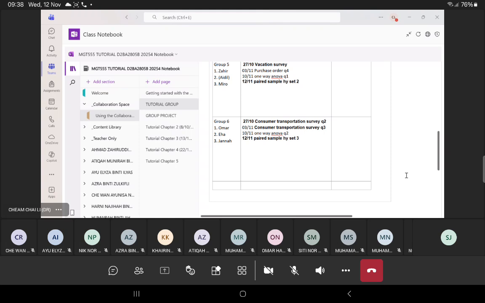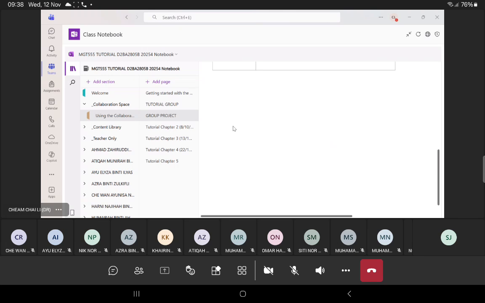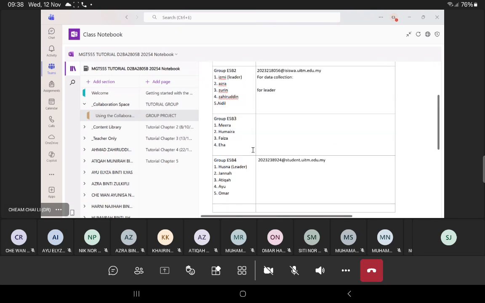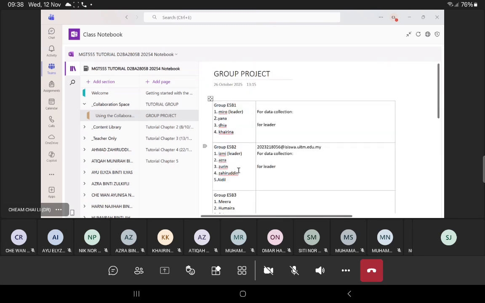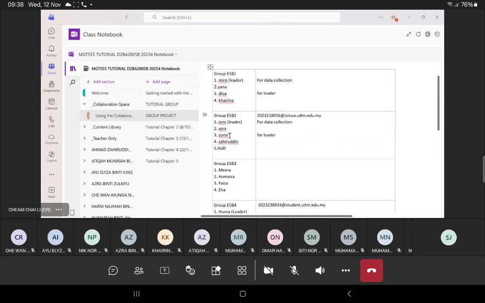But the questions, I prepare the questionnaire for you all, and then you collect the data on your own for each of the group. So for the group project, I will refer to this. This is group project. If you have 5 members, each member collects 10 responses.